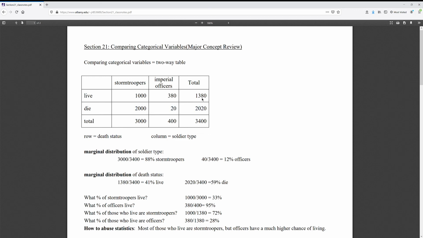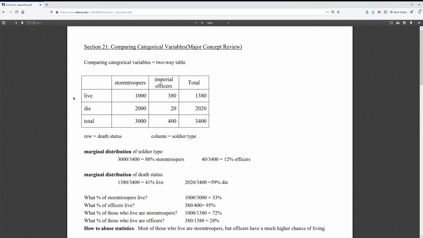Well, again, if you add up the total number who lived and the total number who died, then we should get back to the 3,400. As usual, there's the possibility of rounding error if we're talking about millions of apples or something like that, but these are actual counts, so nothing has been rounded here. So, of course, these have to add up to the 3,400, and these have to add up to the 3,400. It's a nice double check, of course.